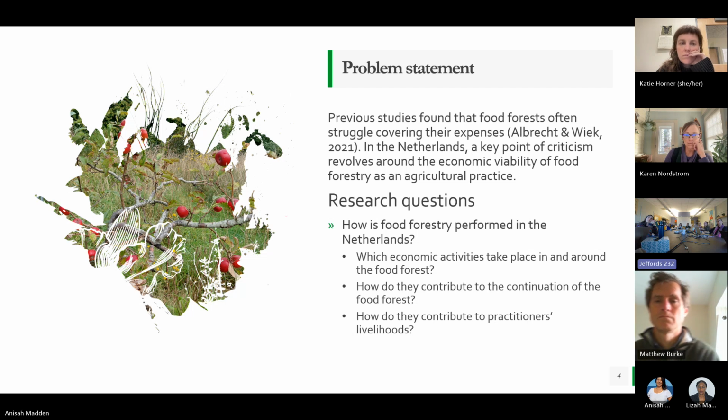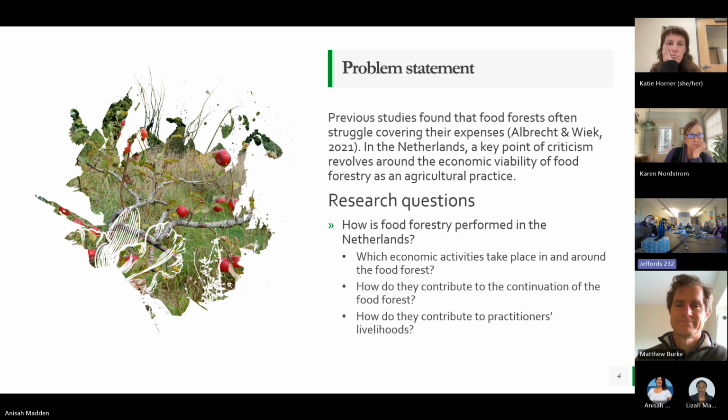This specific paper I'm still working out as we speak. I just finished the fieldwork, came here, and here I am, so it's very much a work in progress. One of the main reasons for this research is a recurring critique that food forests in the Netherlands are not, quote unquote, economically viable.